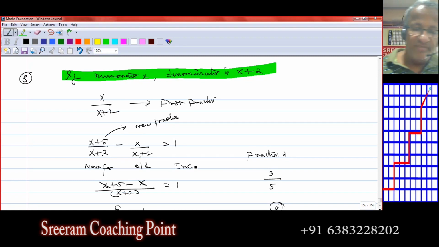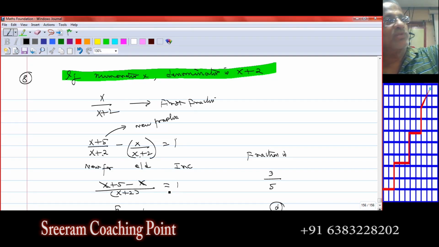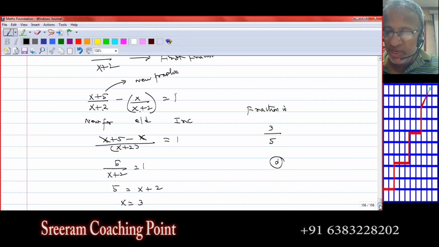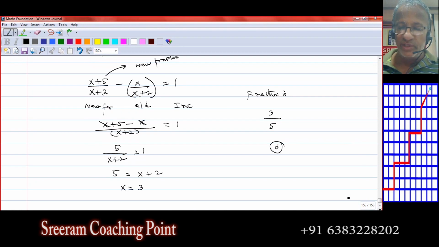If 5 is added, then it increases by unity, that means it is 1. So new fraction minus old fraction is equal to 1. By solving it, I get x as 3 and they are asking what is the old fraction. That is 3 by 5. Am I right?